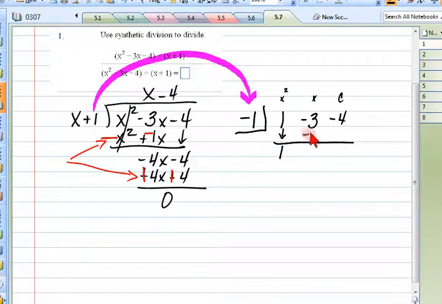And I'm going to write it down in the next spot I could write something down. And I'm just going to add, because I've already done my one sign change. So I'm going to add those. That's negative 4. Then I'm going to multiply. Negative 4 times negative 1 is 4. And I'm going to add for 0. And you know what? I finished the problem. And you didn't feel at all like you did any division.